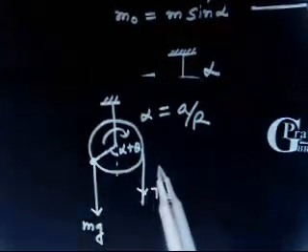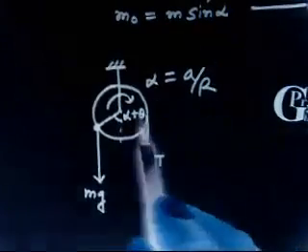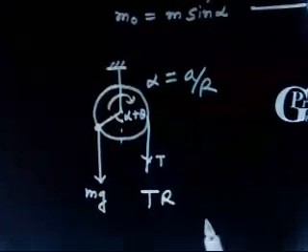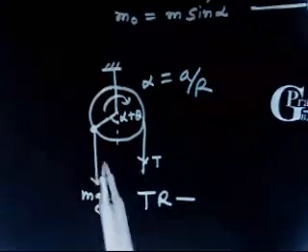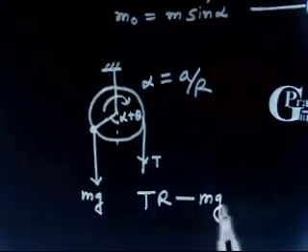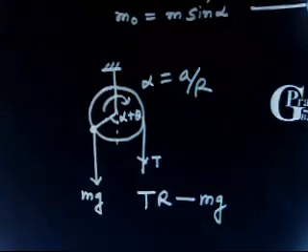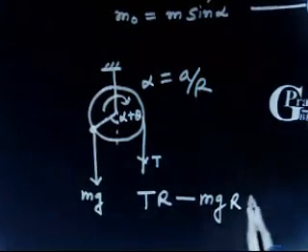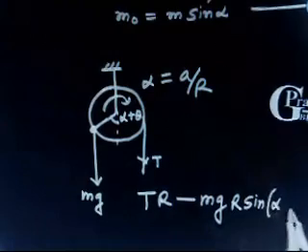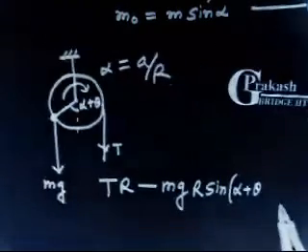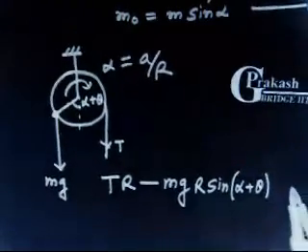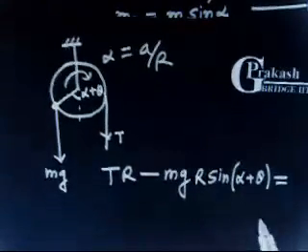So if I write this in this direction, total torque is T into R minus mg, and this length will be mg r sine alpha plus theta. So this will be r sine alpha plus theta. Are you getting? This is equal to I alpha for the disk.